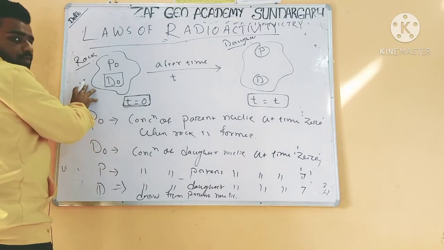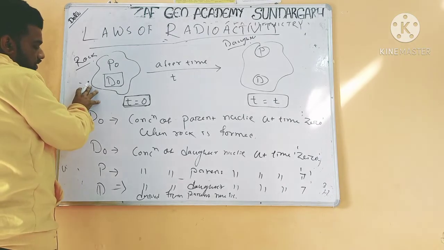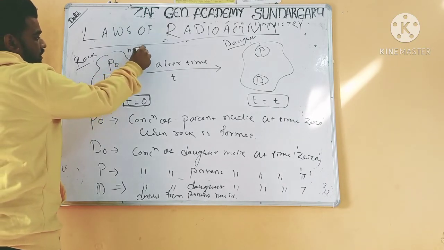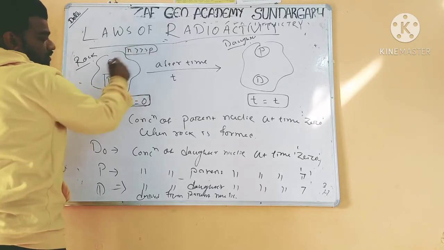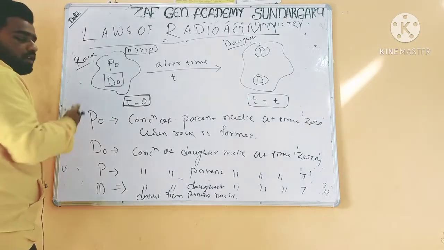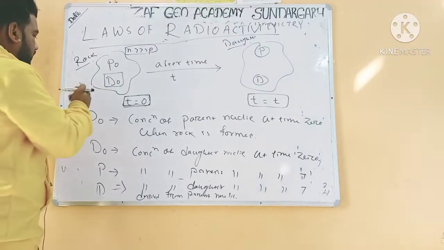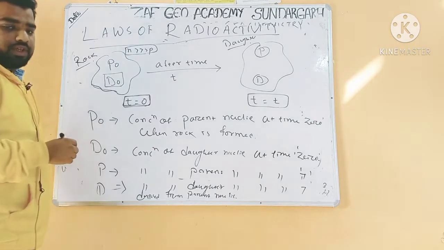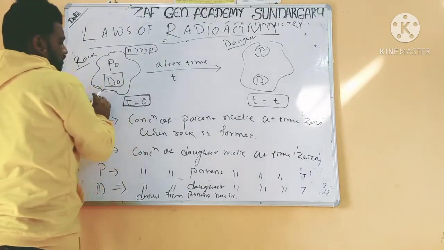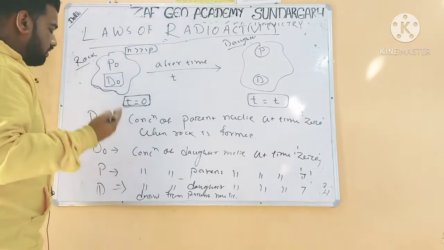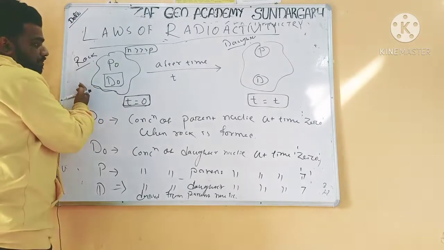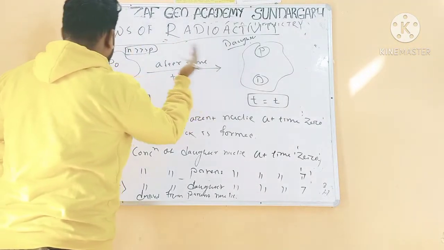Now the number of neutrons is very much higher than the number of protons, so it is unstable, and to attain stability it will undergo a radioactivity process. It will disintegrate by alpha, beta and gamma. From the parent rock it will convert to the daughter rock.